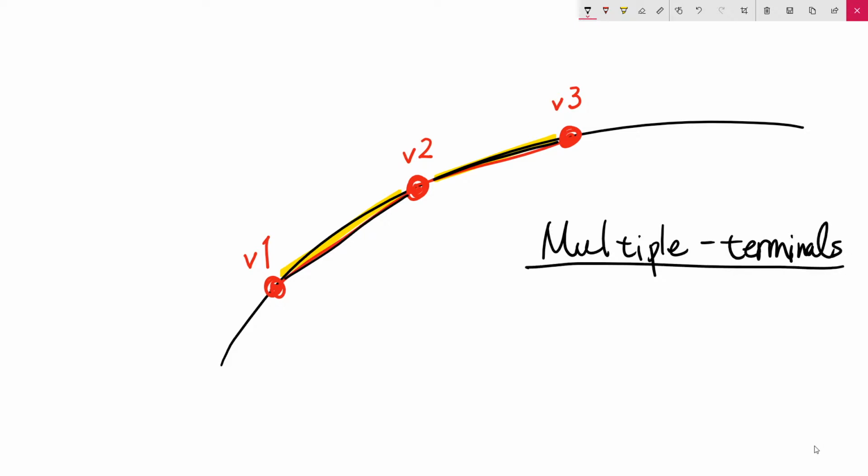So, for example, do not restrict yourselves to just the two-terminal case or three-terminal case. That is not a general way to do that. So in your file, please try to allow an arbitrary number of terminals. Okay.